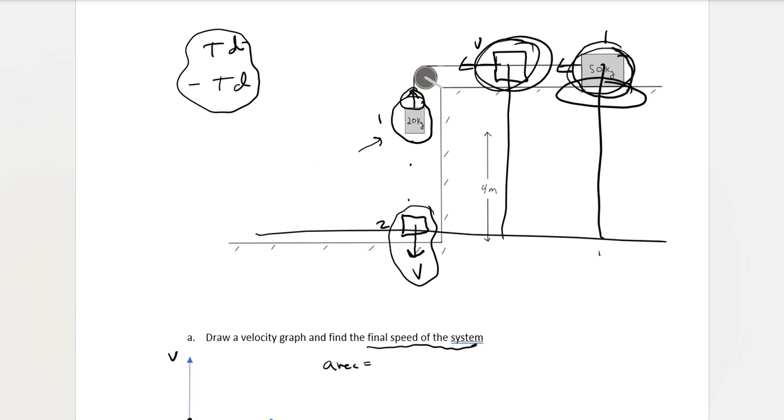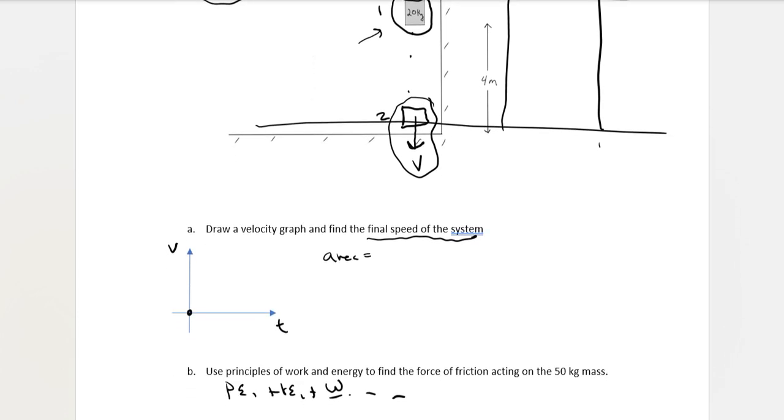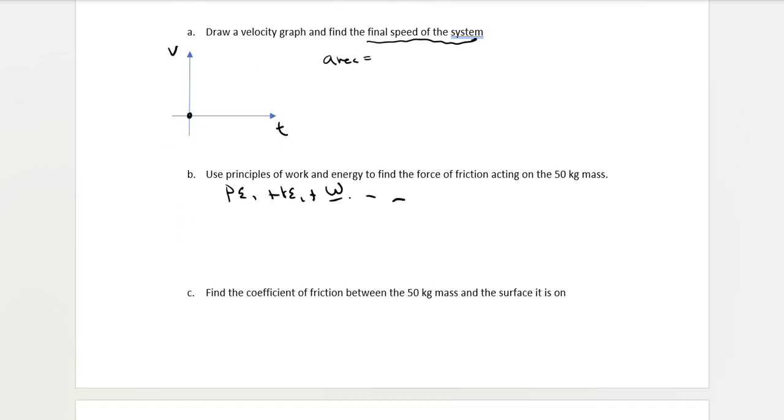And the distance is the 4 meters. This object is going to move 4 meters when the 20 kilogrammer moves 4 meters. And that work term is negative because the frictional force on this object is to the right, but the object's moving to the left. So yeah, it's kind of a lot of writing, but put all of that together into one work energy equation, and you should be able to get the frictional force out of that.